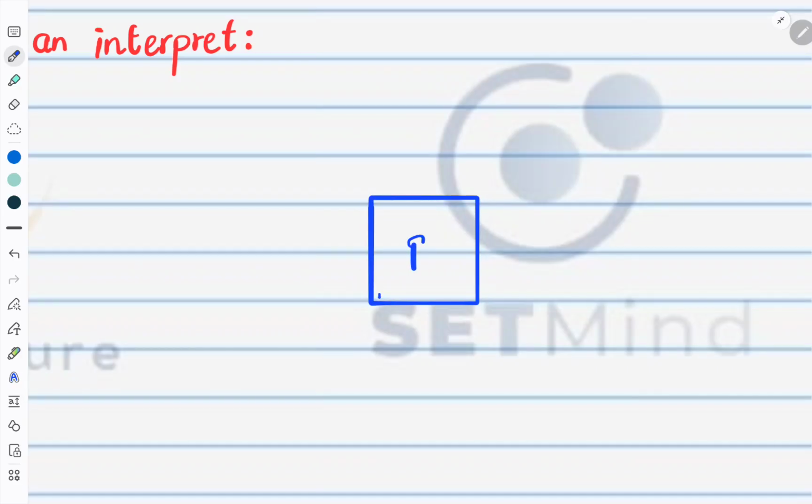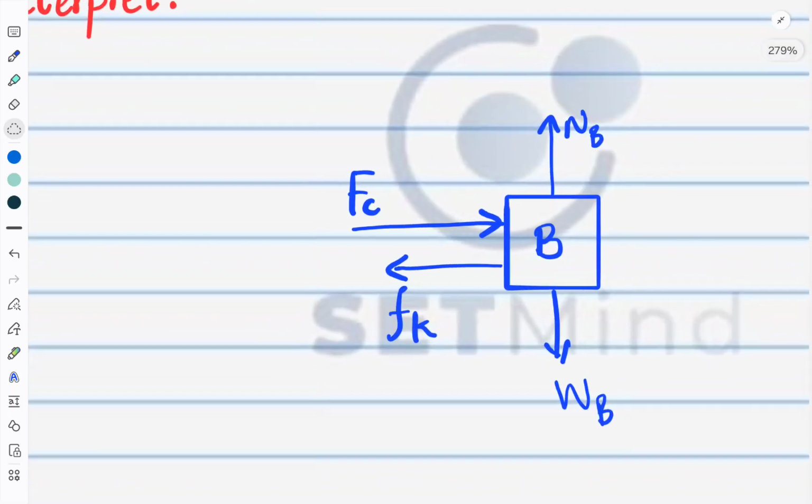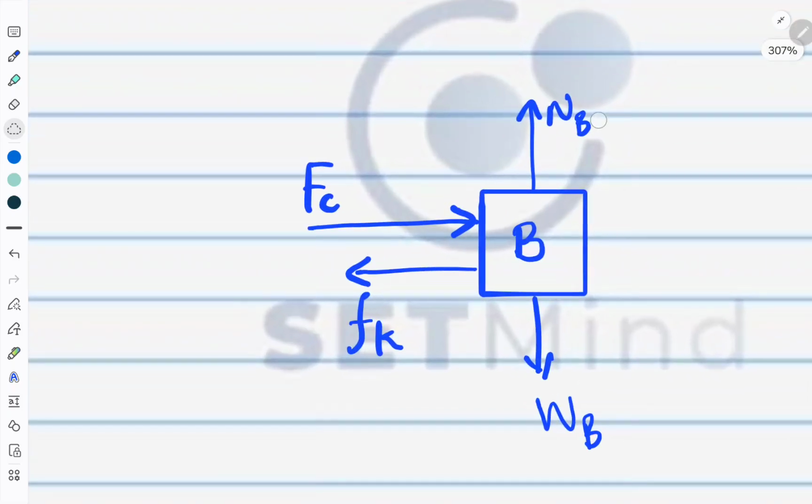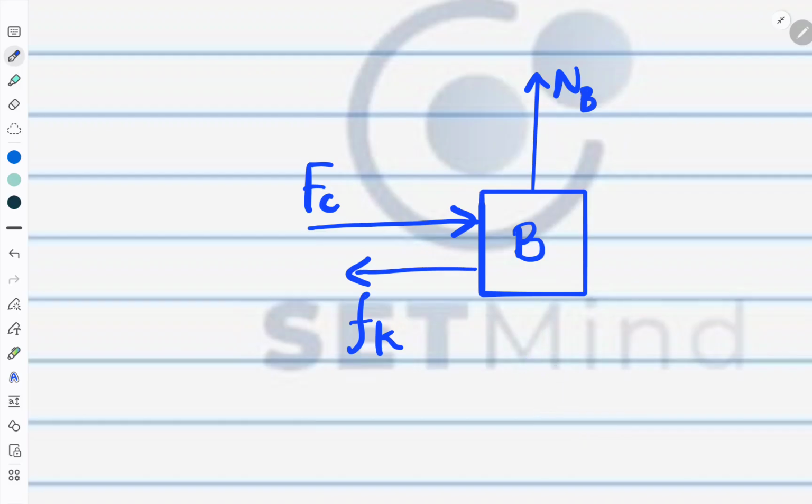Right, so this is our block B, and we will draw all these forces. So these are all the forces that we will see on block B. I call this NB, just means the normal force on B. And I call this weight B, just means the weight on B. Notice I added this one, FC.